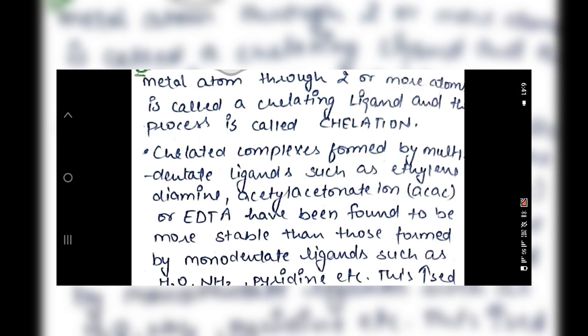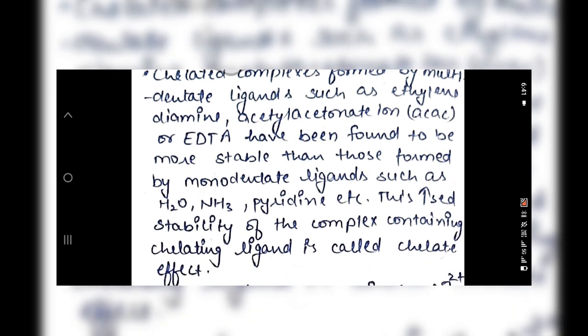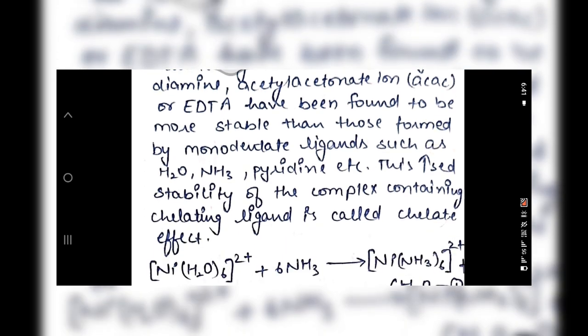Chelated complexes formed by multidentate ligands such as ethylene diamine, acetylacetonate ion or EDTA have been found to be more stable than those formed by the monodentate ligands such as H2O, NH3, pyridine, etc. This increase in the stability of the complex containing chelating ligand is called chelate effect.